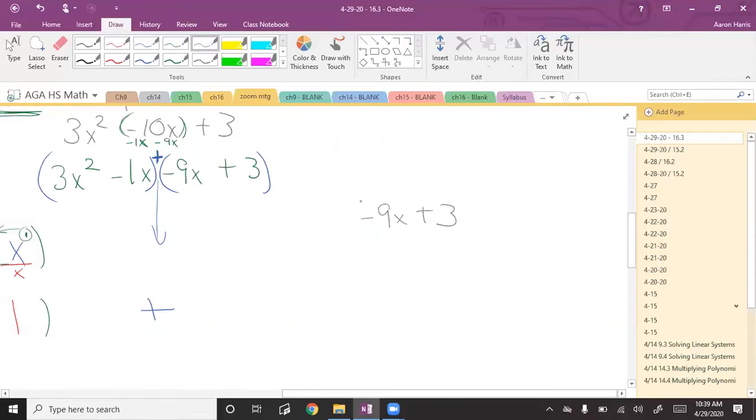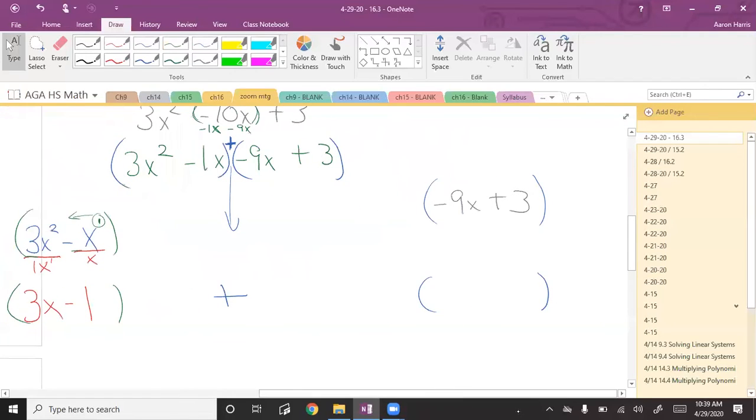Put it in parentheses. Put your blank parentheses and pull out a GCF. So I look at -9 and 3. What is the GCF of that? It's going to be -3. It could be 3 or it could be -3.